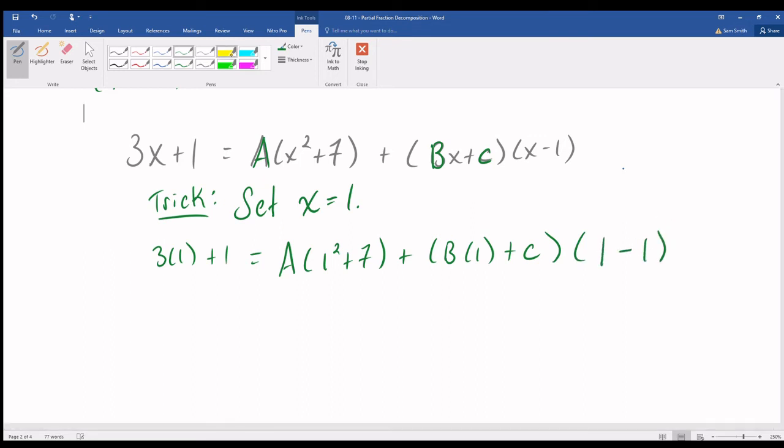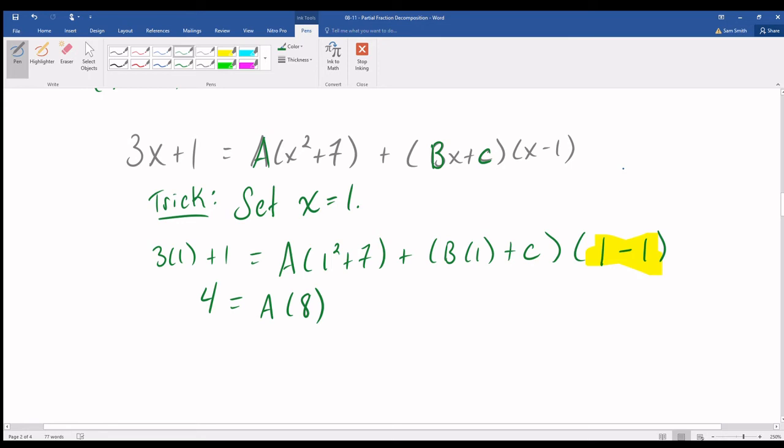And the boon of that trick lies in the back here. 1 minus 1 is 0, which means that 0 will get rid of this entire quantity in the rear. That leaves me just with 4 equals a times 8. b times 1 plus c times 0 is completely gone.